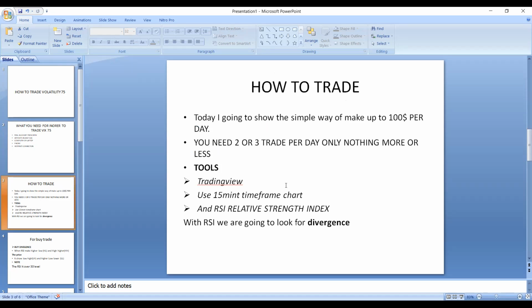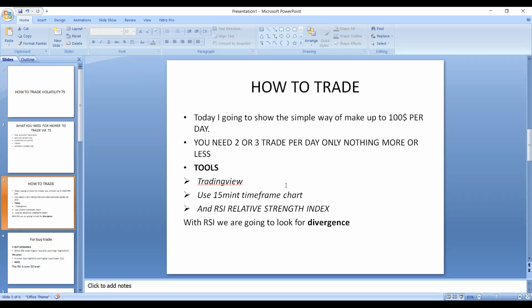Don't trade more than 2 or 3 times. If you can trade only 2 trades per day and make 100 USD, no need to trade another. Even if you see the trade is legit, don't waste it. If you have already reached the maximum of 3 trades, don't go further.